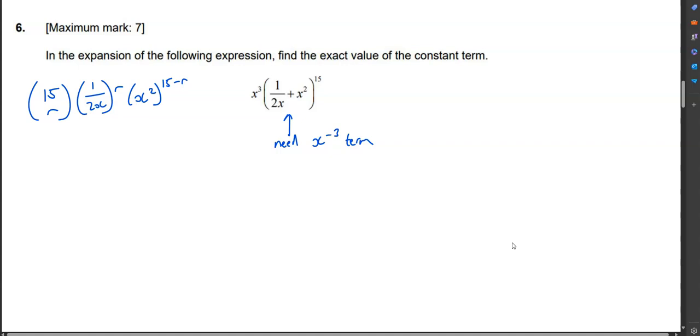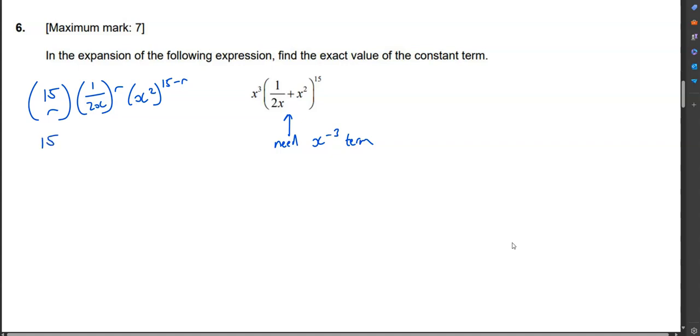So every single term, when you expand this thing here on the right, can be written like this. So this would give us the different values of r, will give us 16 different terms. And it's not obvious what the value of r needs to be, because we've got some negative powers of x over here, some positive powers of x over here. So we're going to do this a bit more rigorously. There is actually a way of fudging it, but I'm going to go through it a bit more carefully.